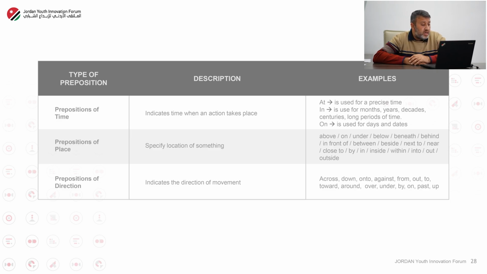Now look at prepositions of place. From their name, they talk about a place, they define a place, they tell us about a place. I will go through them quickly. Above, on, under, below, beneath, behind, in front of, between, beside, next to, near, close to, by, in, inside, within, into, out, outside.